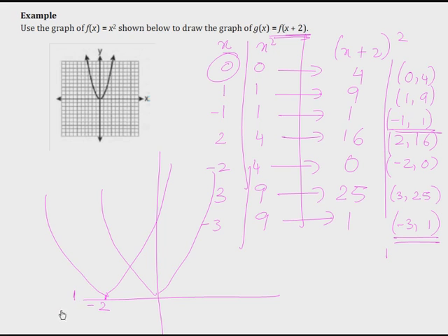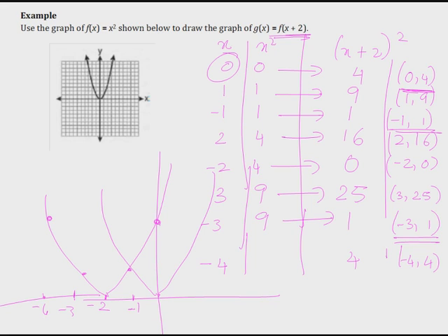And then 0 gives me 4. And you would see that minus 4 would also give 4 because minus 4 plus 2 is minus 2, squared, which is 4. So 0 would give 4 and minus 4 would also give 4 and so on.